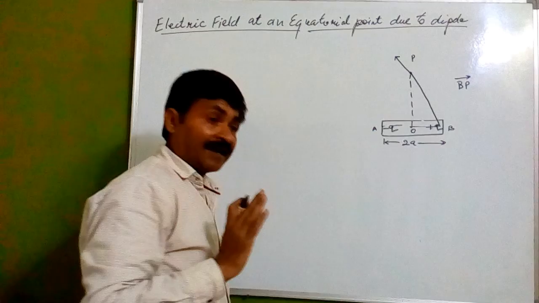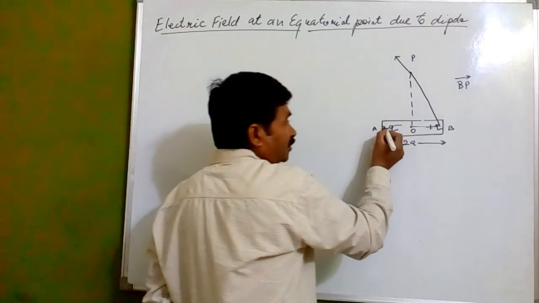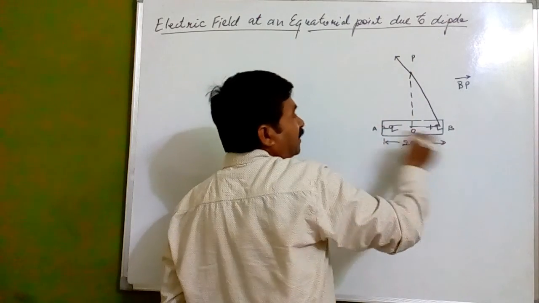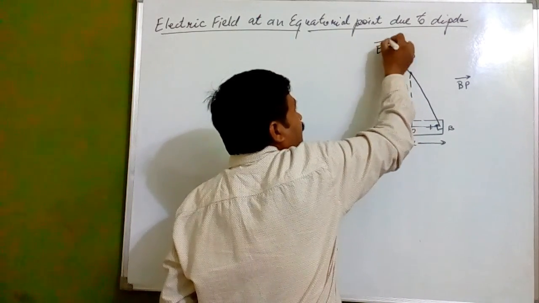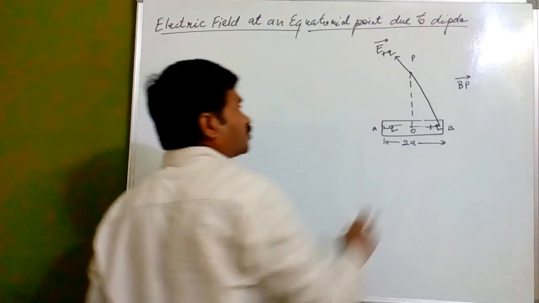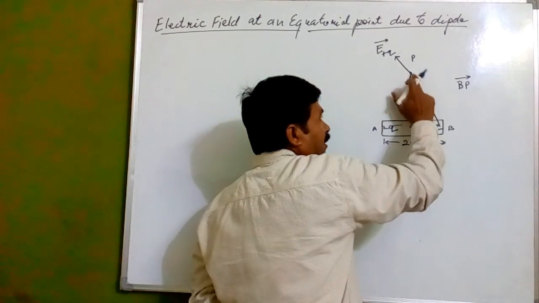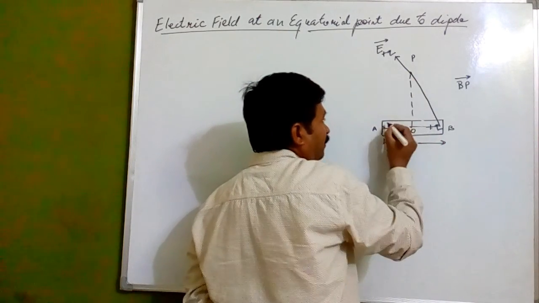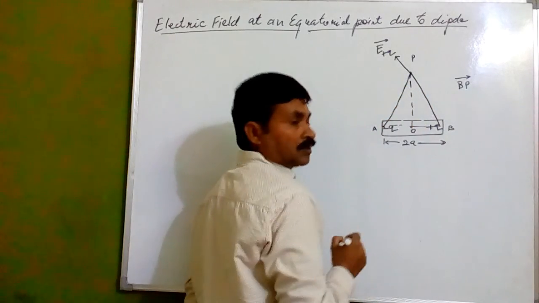Since electric field is a vector quantity, as we know very well, now the direction of the electric field due to plus Q is this. Now here we have minus Q charge and here it is a unit positive charge, so there will be a force of attraction in this direction.